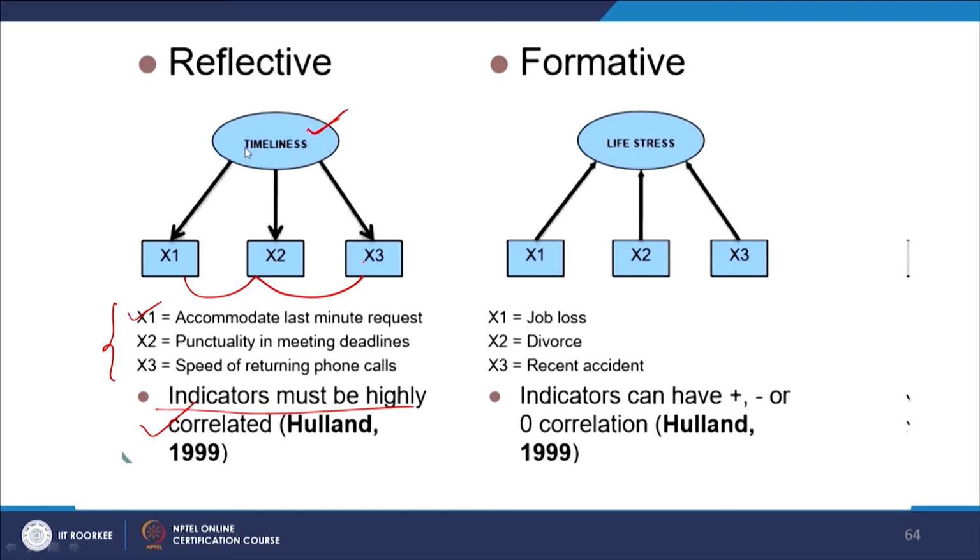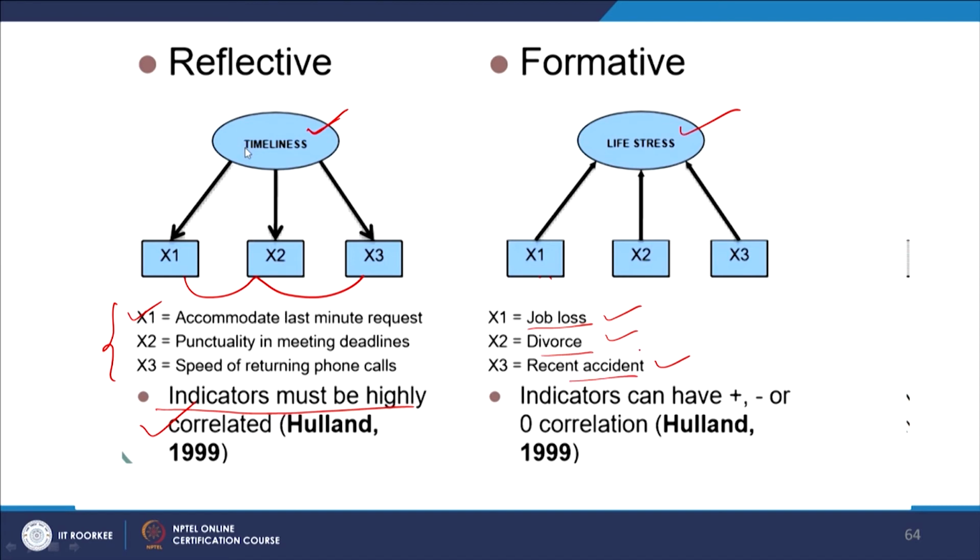But when it is a formative construct, what is happening? Now life stress is being explained by these 3. Here it was opposite, timeliness was explaining these 3, but here these 3 are explaining life stress. For example, x1 and the others are job loss, divorce, recent accident. So the life stress of a person is affected by job loss, divorce and recent accident, but it is not the other way around, right.